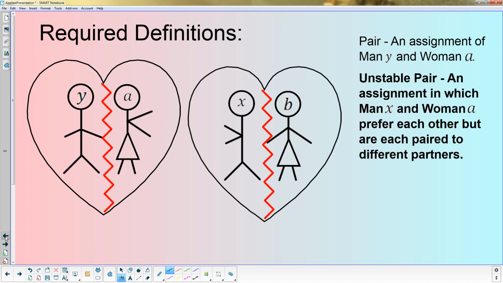An unstable pair, which by the sense of the name is a bad thing, is an assignment in which man X and woman A prefer each other, but are paired via the algorithm to different partners.